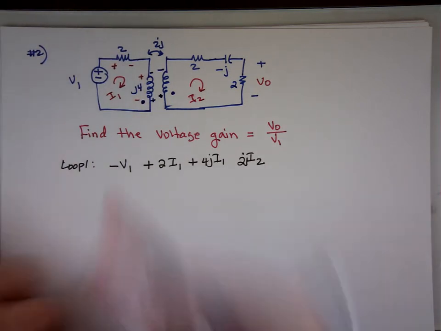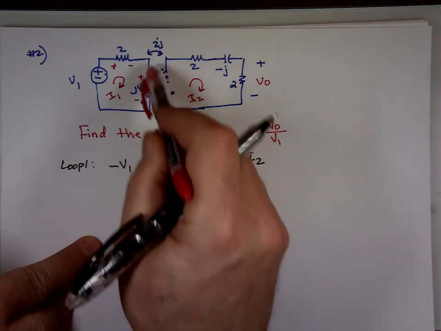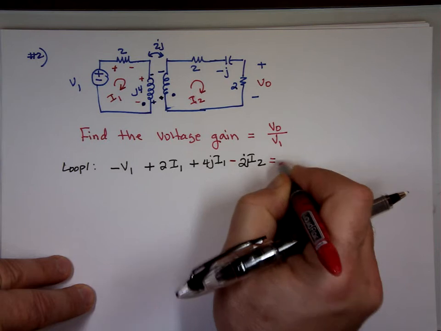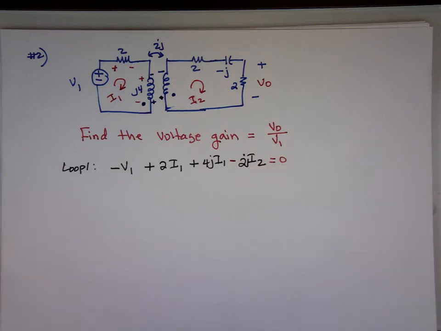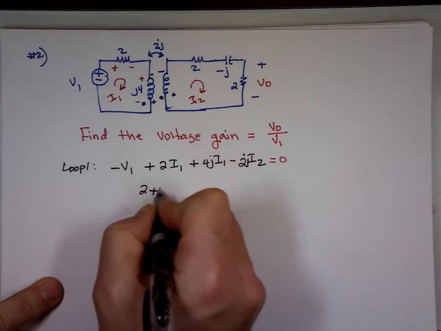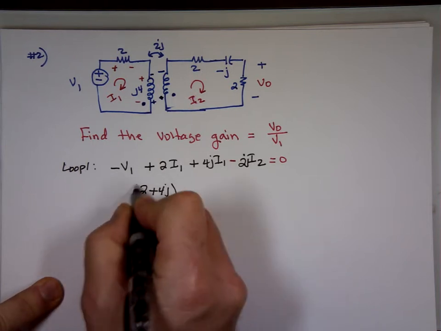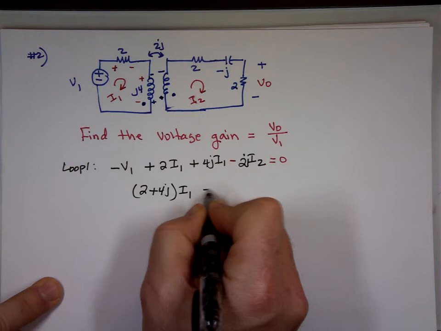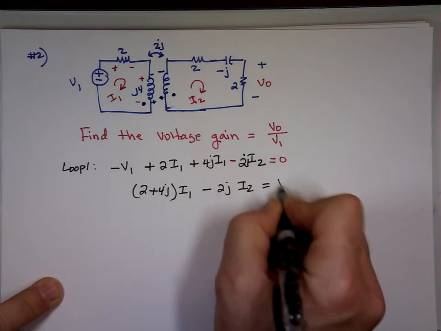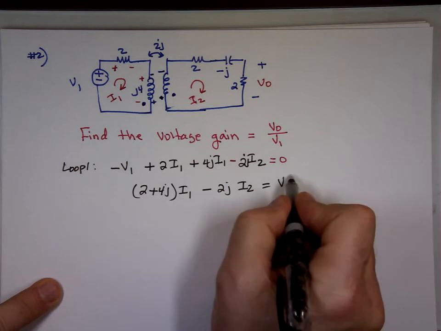I was traveling this way, that's plus to minus, but this one's minus to plus. That's the subtraction. So equation number 1, when I clean it, says 2 plus 4j I sub 1 minus 2j I sub 2 equals V1. That's equation 1.